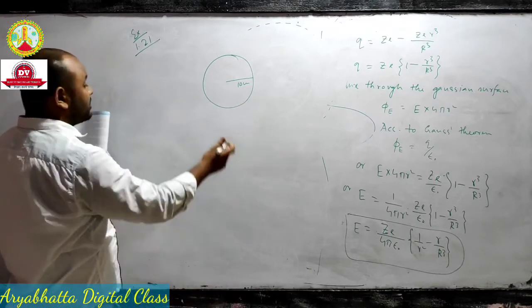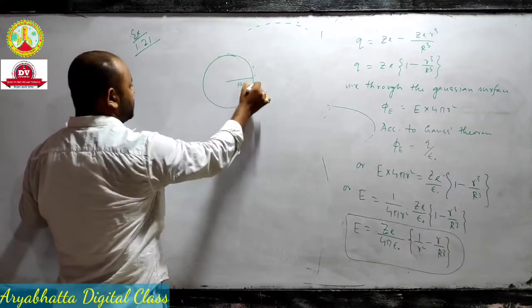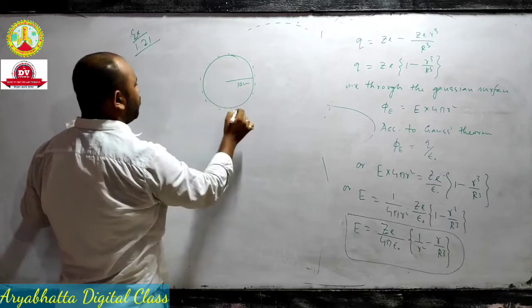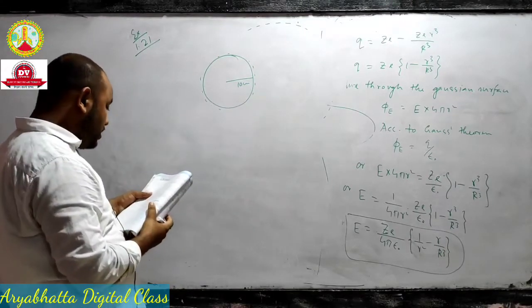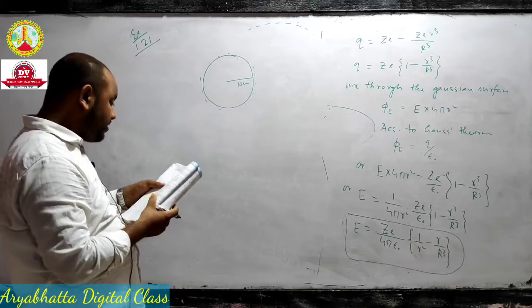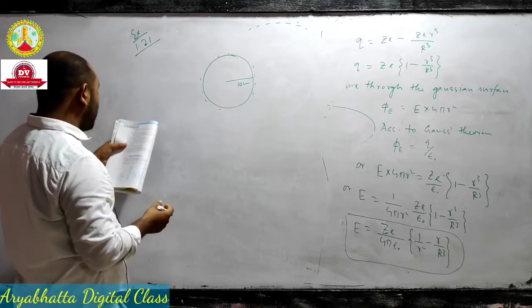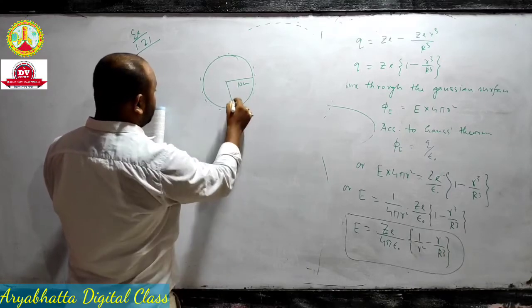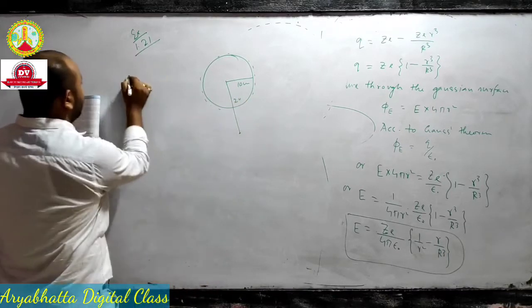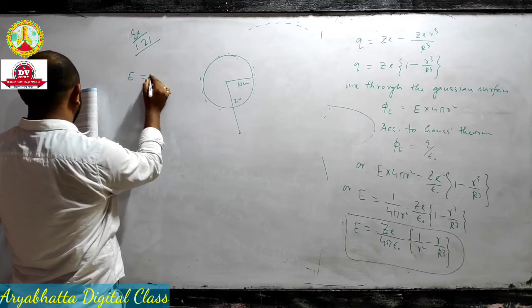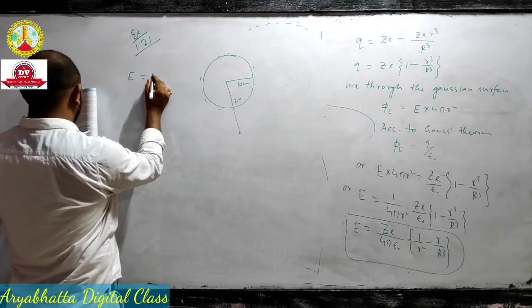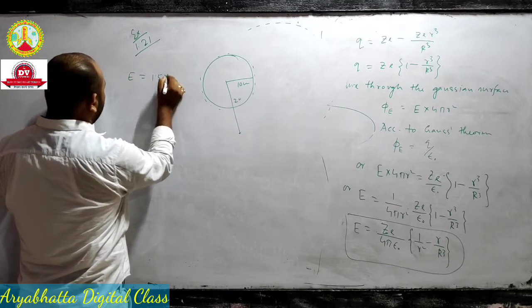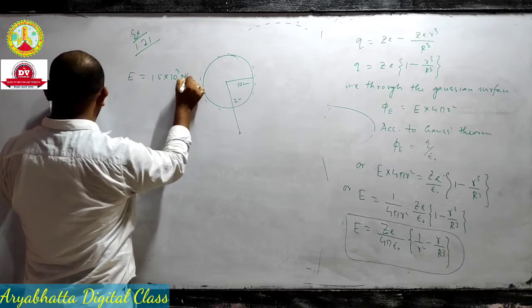The charges are uniformly distributed on the surface, and we don't know the amount of charges. At a distance of 20 centimeter from the center of the sphere, the value of electric field E is given, which is equal to 1.5 into 10 to the power 3 Newton per Coulomb.